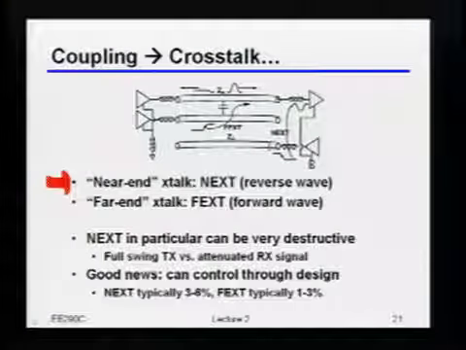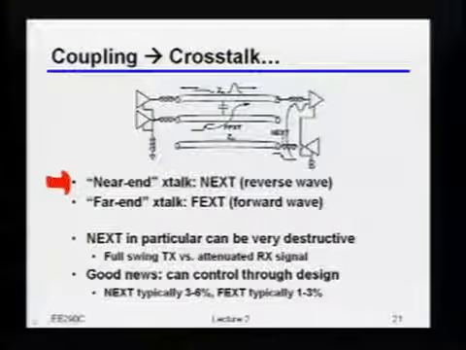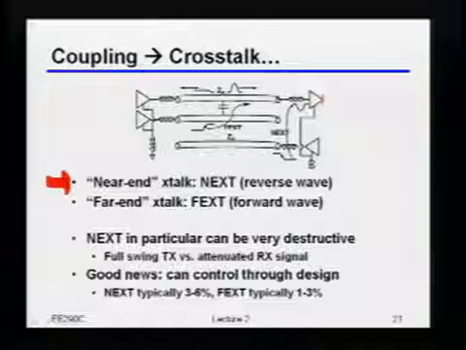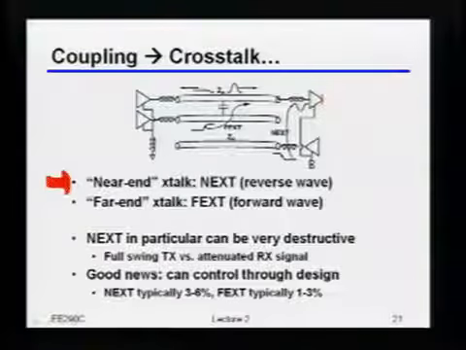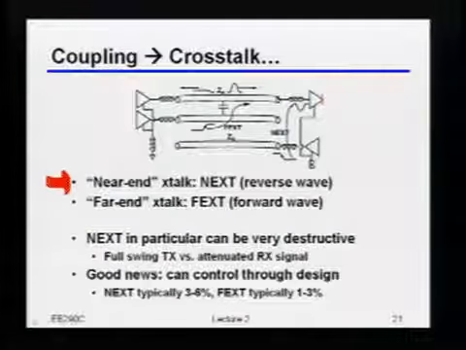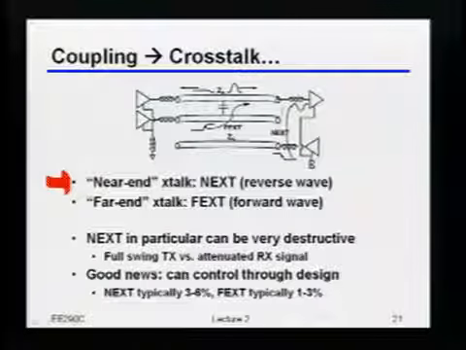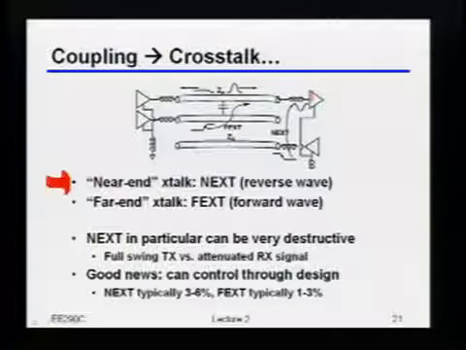For near-end crosstalk, that reflection will couple over into this other line as well and travel back towards where you sent the signal, okay? So in this particular case, you can see I've got the transmitter jumping over and heading back towards this other receiver. That's what's called near-end crosstalk.